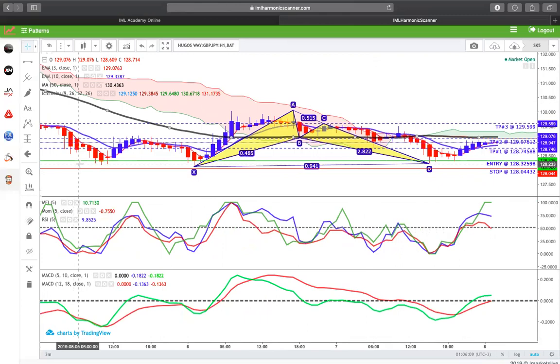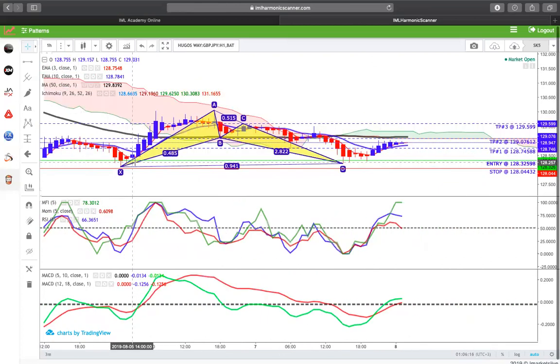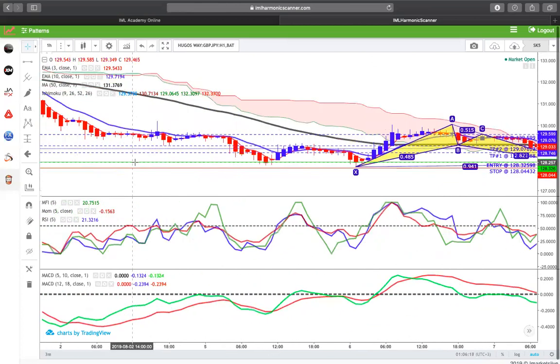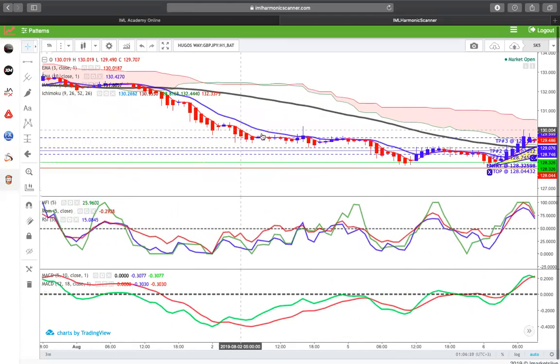So you want to look and see if your EMAs are going flat or if they're curving. You see right here where the red EMA kind of just starts to flatten out. The blue's just chilling.